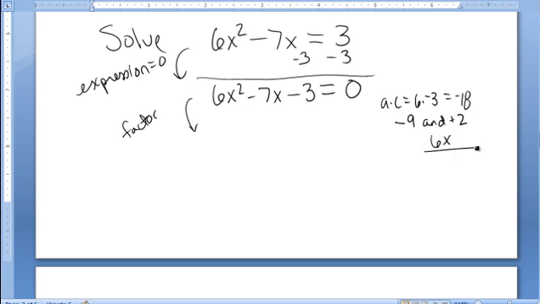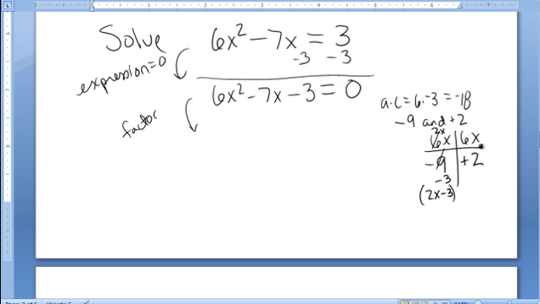Make my little table, 6x, 6x from the leading term. The two numbers I selected were negative 9 and positive 2. Simplify, simplify. I pull a 3 out of the 6x, leaving 2x. I pull a 3 out of negative 9, leaving negative 3. So one factor is 2x minus 3.